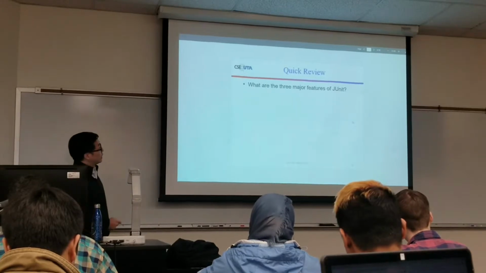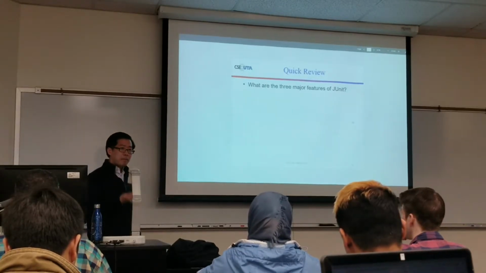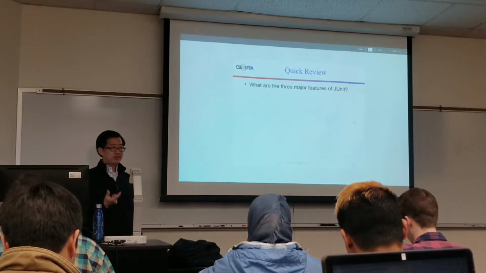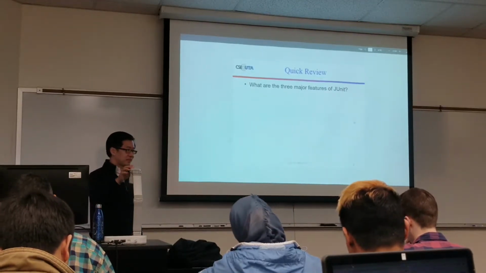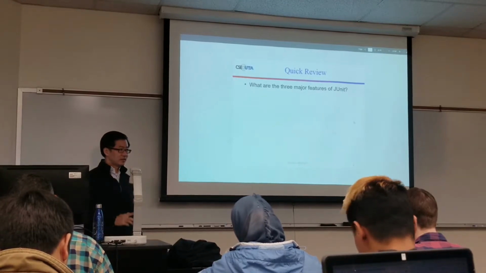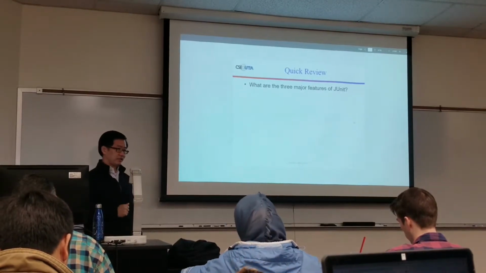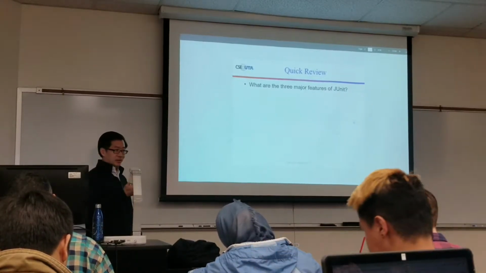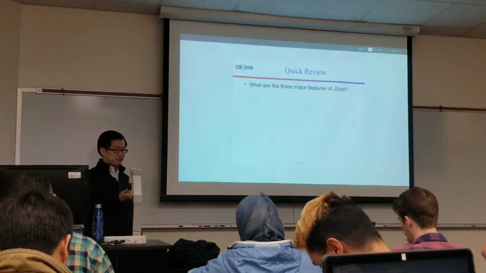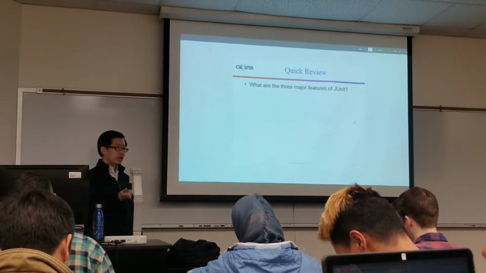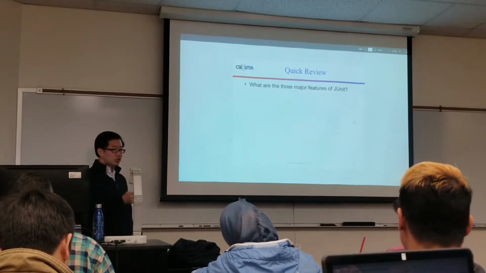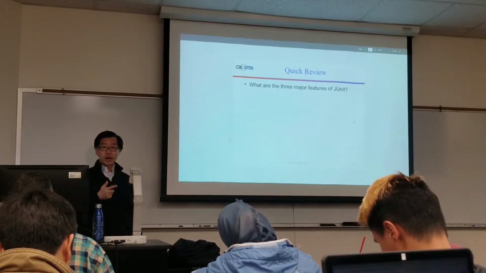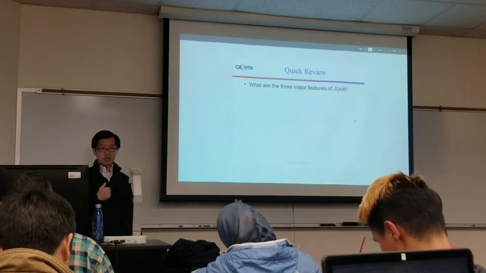Just to refresh your memory, what are the 3 major features of JUnit? The 3 things JUnit can do for us. Common setup, very good. That's one of the major features. What would be the second major feature? Assertions. Assertions allow you to compare expected output with actual output.